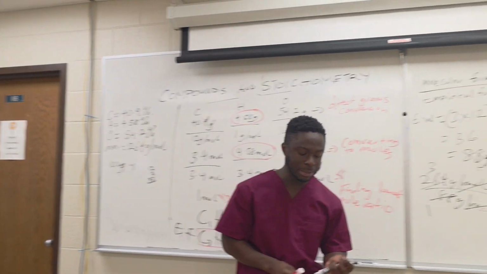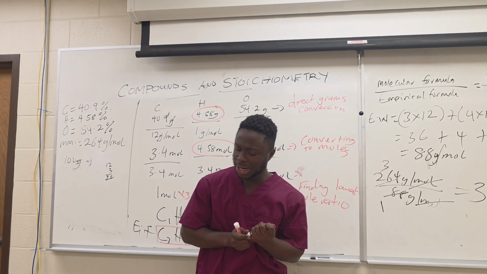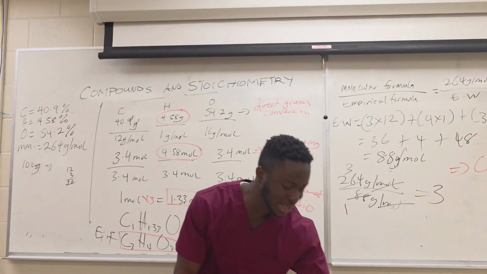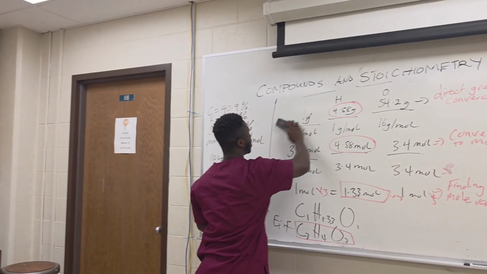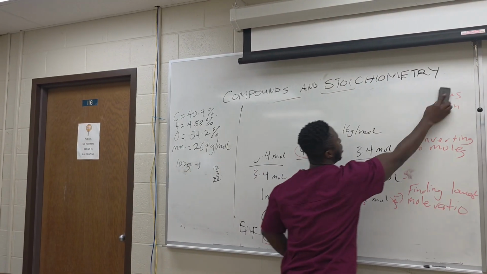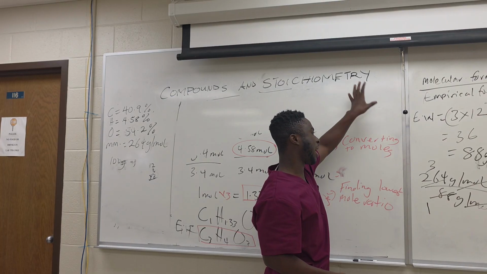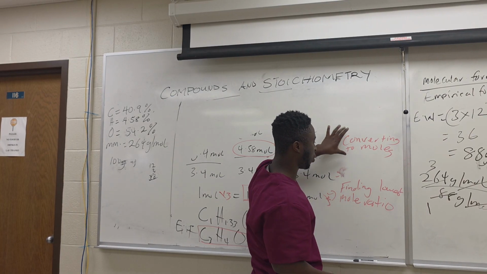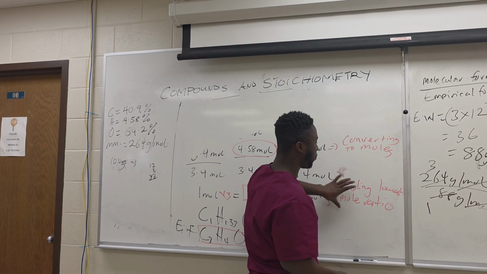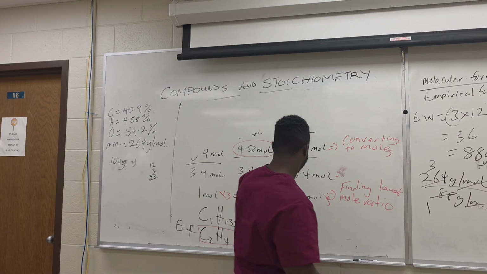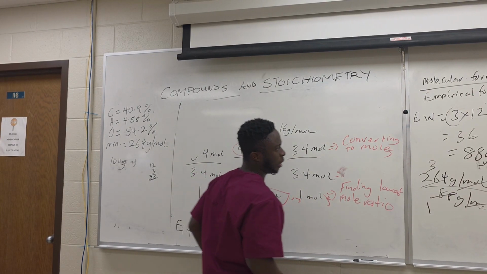But there is a second method, a pretty simple one, but that also requires a little bit of nuance. So the first one, we did a direct mass conversion. We converted to moles and found the lowest mole ratio to alight us to the empirical formula.